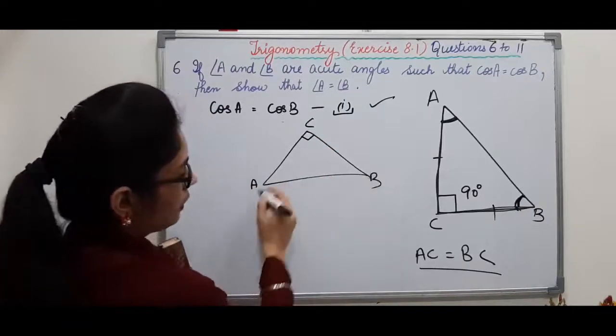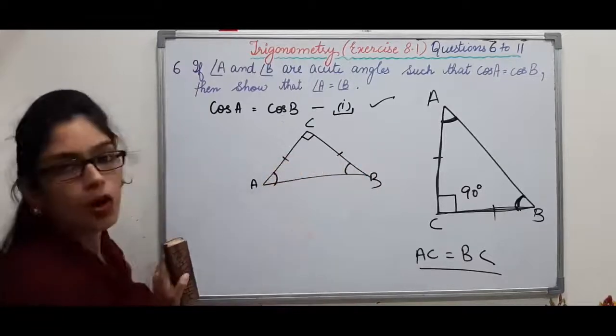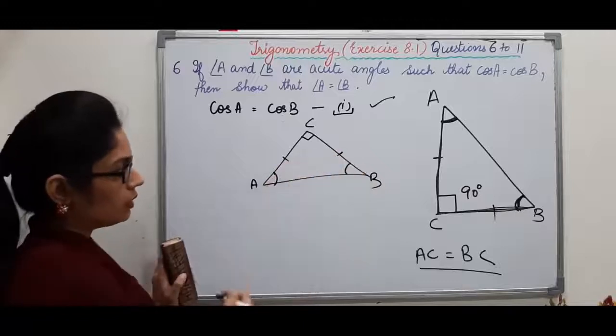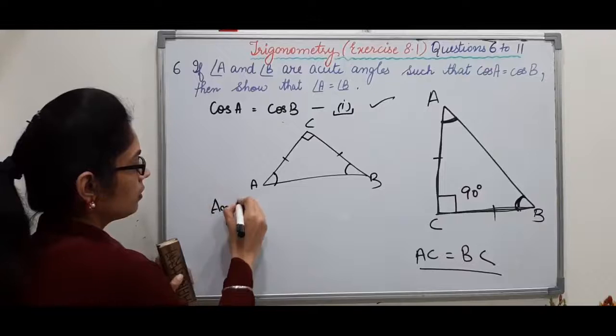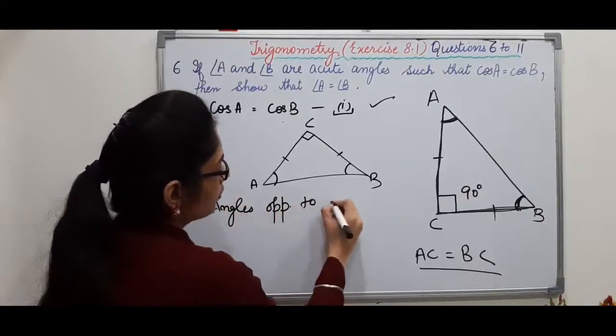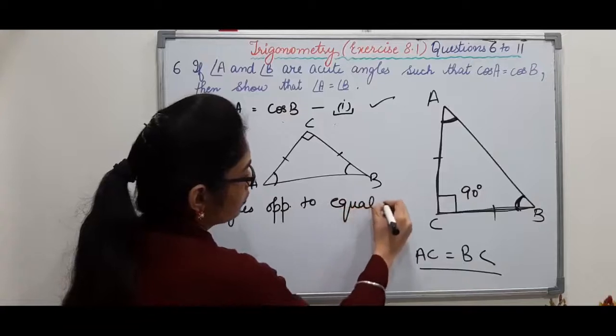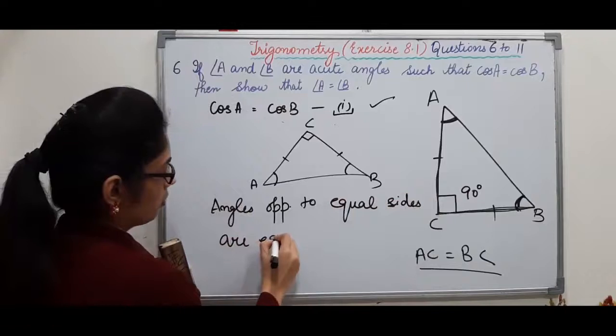Now AC is equal to BC. These are the equal sides. So we have one theorem: angles opposite to equal sides are equal to each other.